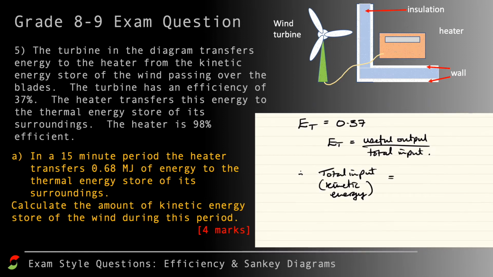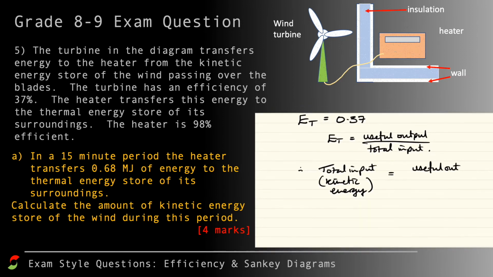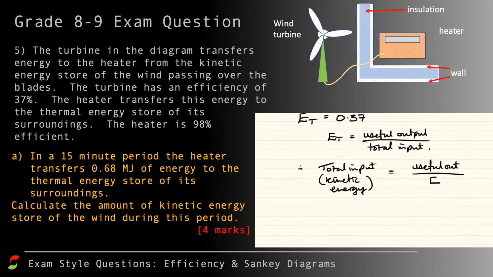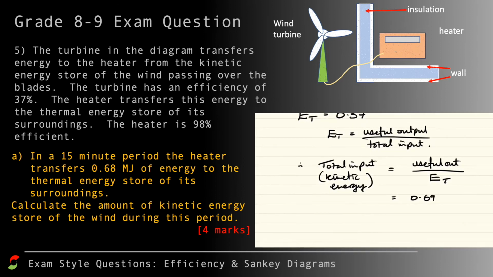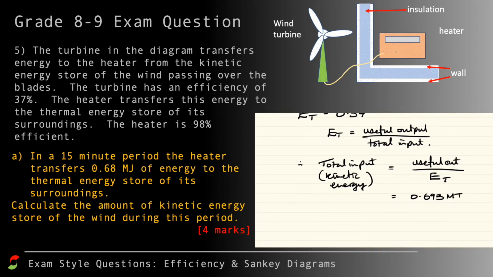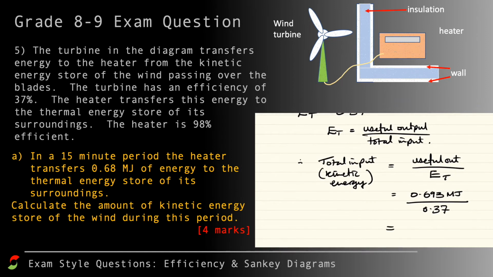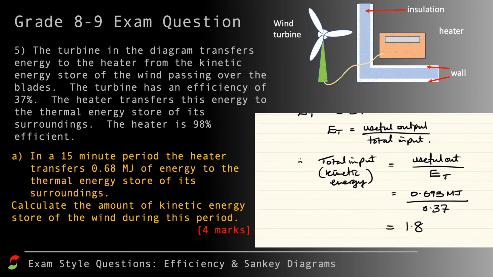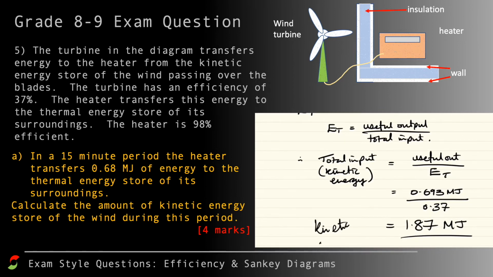And we're talking about the turbine here. The total input is going to be the useful output divided by the efficiency of the turbine. It's useful to put that lowercase t there just to show it's the turbine and not the heater that I'm dealing with. Substitute those values in, and you get 1.87 megajoules as my kinetic energy store. A very tricky question with two efficiencies involved.